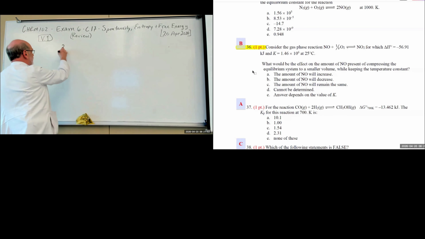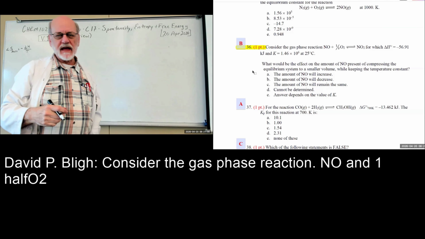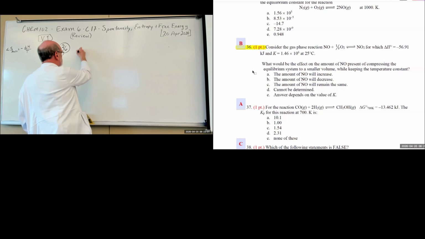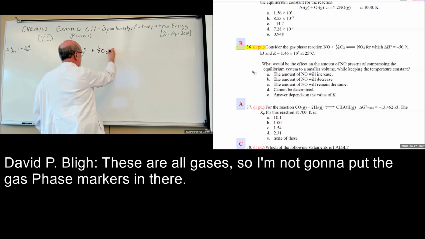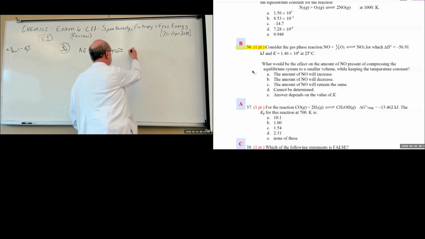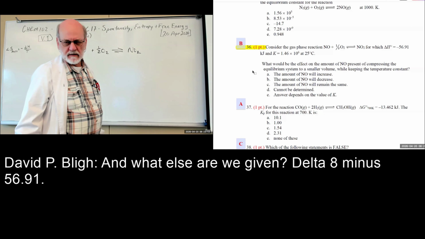36. Consider the gas phase reaction. NO and 1/2 O2. These are all gases, so I'm not going to put the gas phase markers in there. And what else are we given?